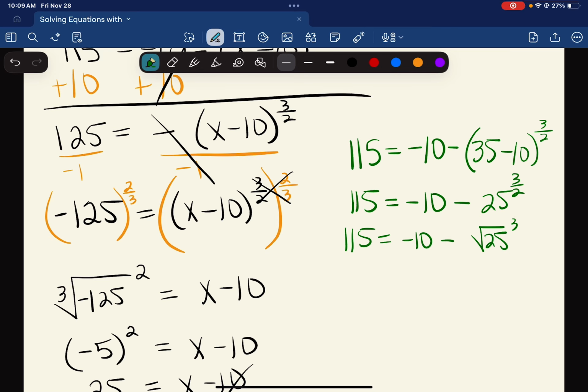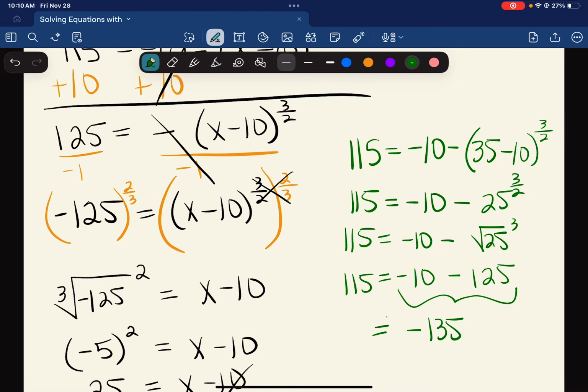So the right side of my equation says negative 10 minus 125 should equal 115. But when I combine both of these values, negative 10 minus 125, I get negative 135, which is definitely not equal to 115.